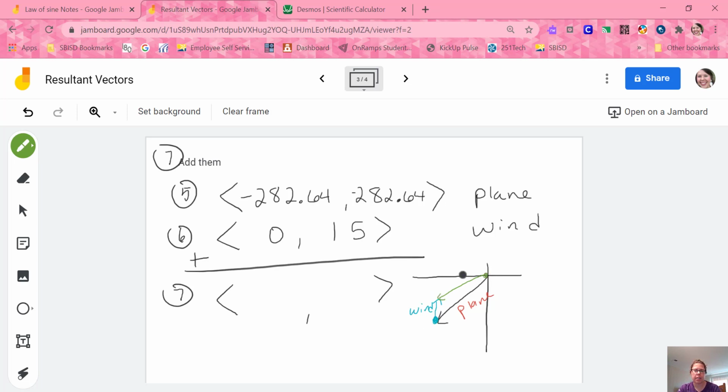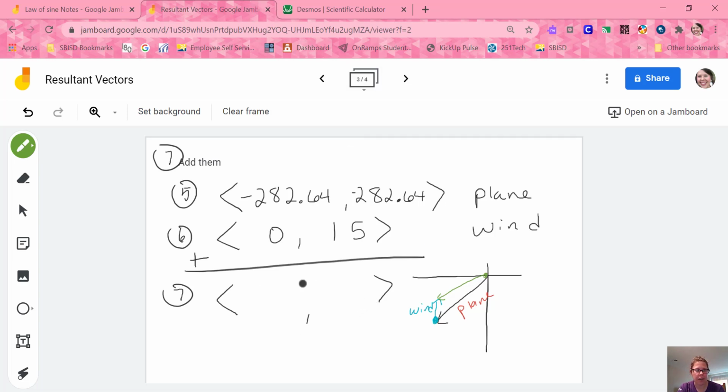We can see on our picture that the magnitude is probably going to decrease a little bit, and the angle measure is going to get closer to west than it was at southwest. So it'll be closer to 180 than to 225, or I guess from 270, going that direction instead of closer to the south direction.